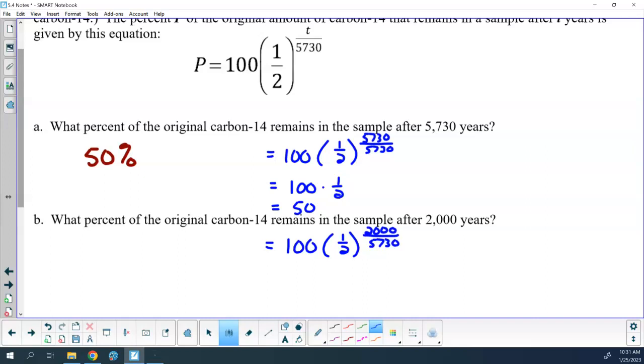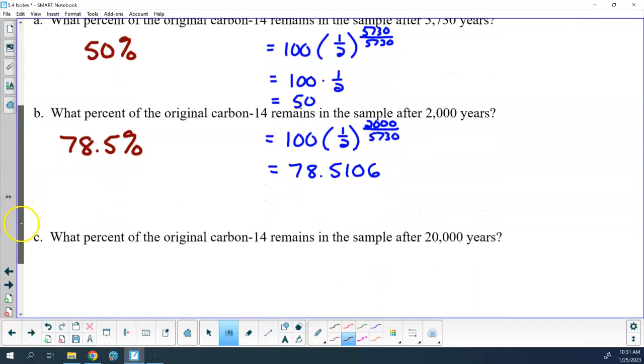Found it. 100 times 0.5 raised to the 2,000 divided by 5,730, and I get 78.5106. So we'll call that 78.5% is left over. Agree with me on that? Okay.